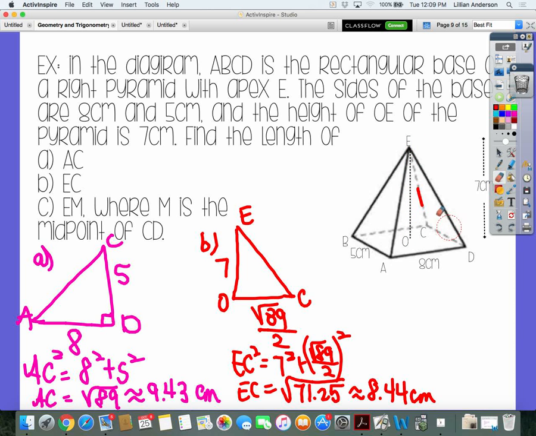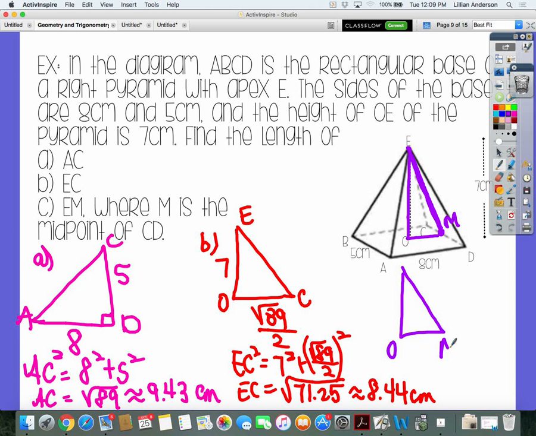Now the last one is EM, which is the midpoint of CD. EM is going right along that face. What is the other point that makes the right triangle? O. So, how long is MO?